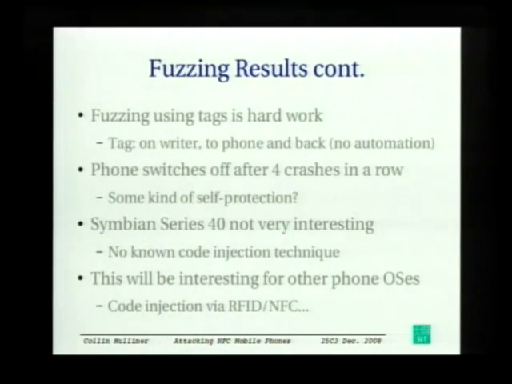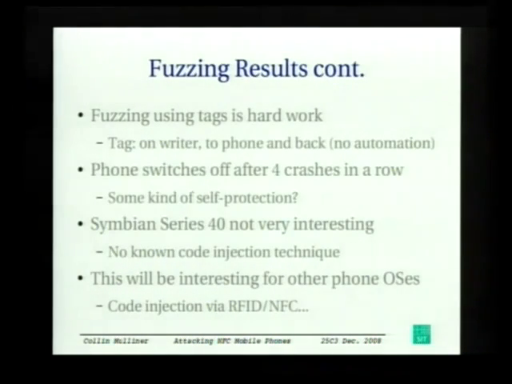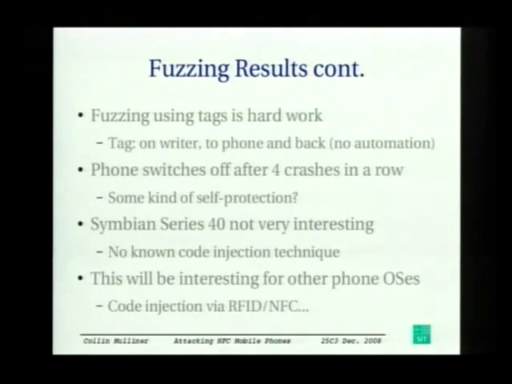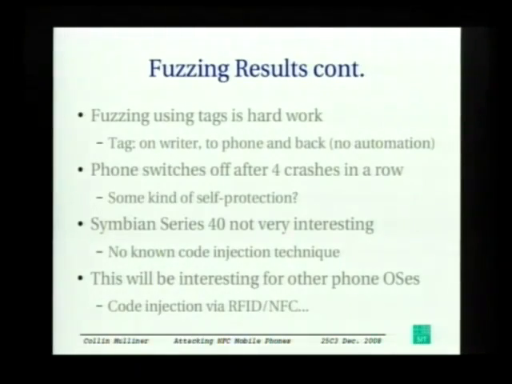There are some nice card emulators which I'm probably going to buy, so I can do more testing, because right now testing is very boring, like watching TV and doing some automated thing with your hand and watching your phone too. The interesting thing about the crash is that the phone does not completely reboot, it's just the GUI system. But if you crash the phone 4 times in a row, it will completely switch off, and you have to press the power button again.